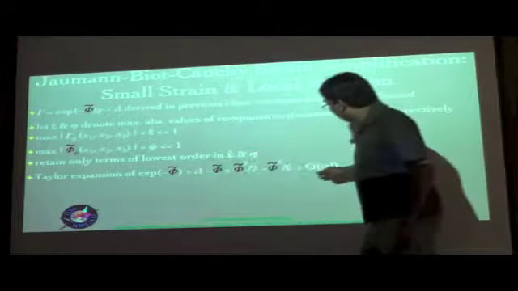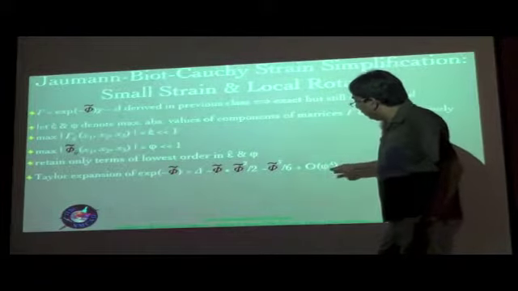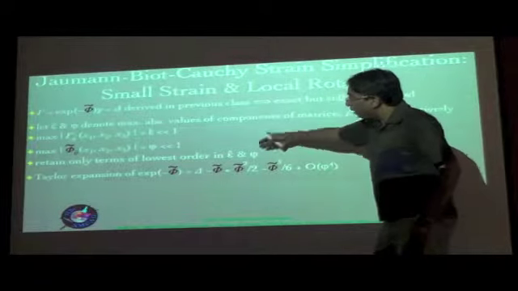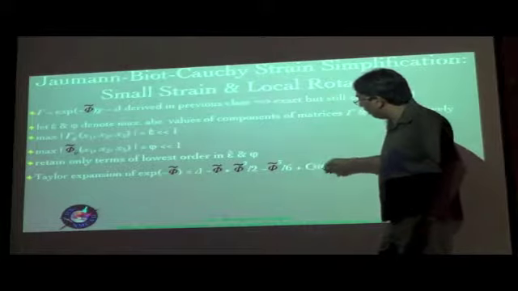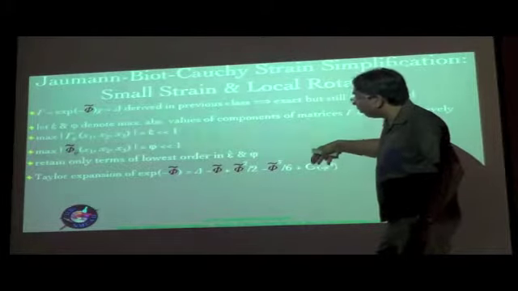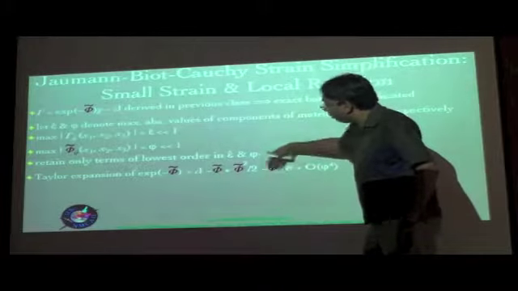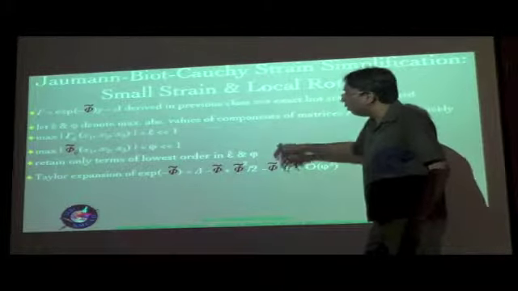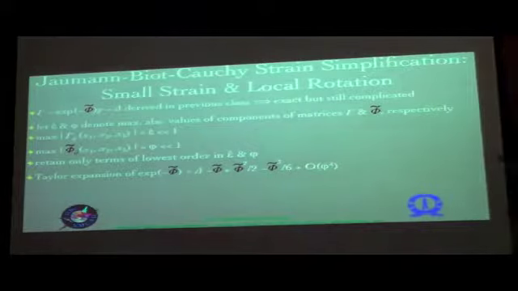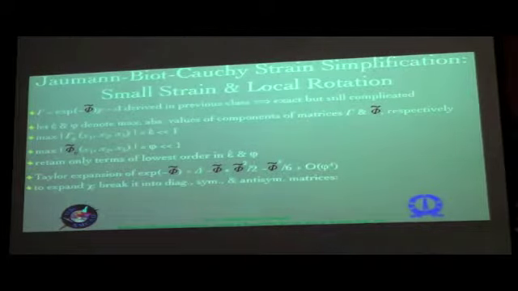So that's basically what you have here, and because in any case we are going to look at small local rotations, we have truncated it at a particular point in the power series, but probably some of these higher powers are also not necessary. We'll look at it when we do the derivations.